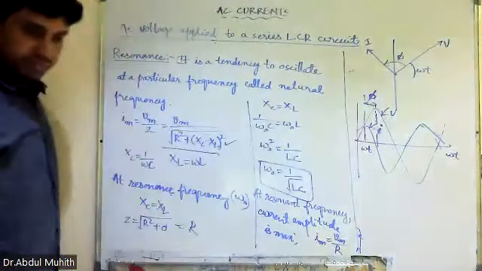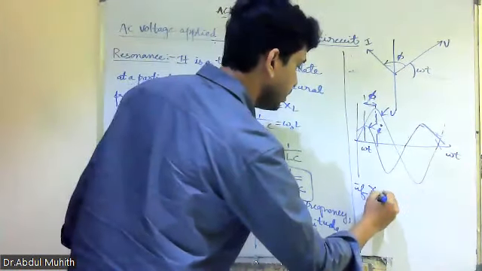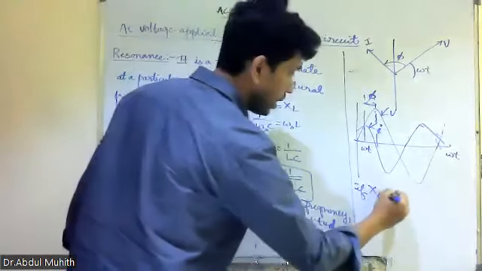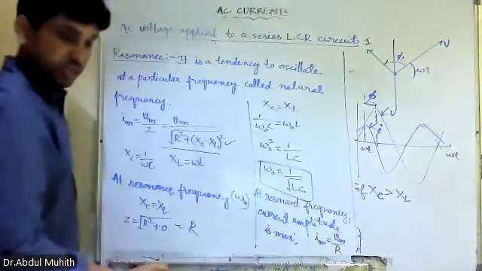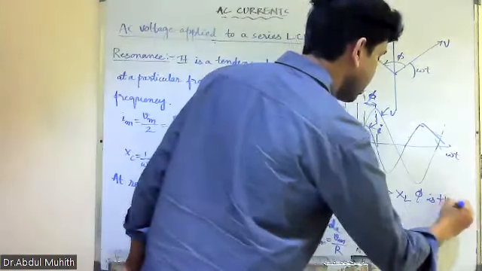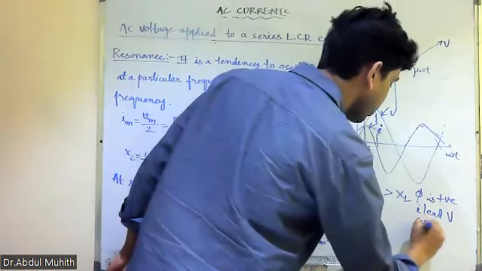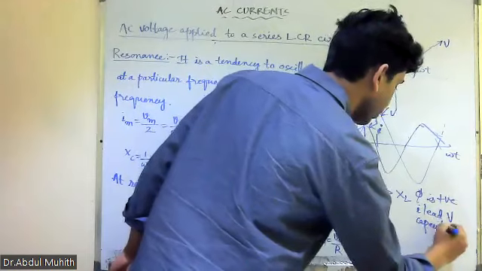Now, if XC is greater than XL, who is leading? Phi is positive and current leads voltage, and it is a capacitive circuit.